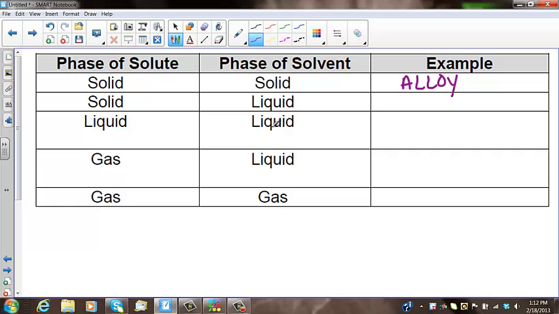So bronze, steel, any of those. In the next one, my phase of solute is solid. My phase of solvent is liquid. So if I have a solid in a liquid, this would be an example of salt water.